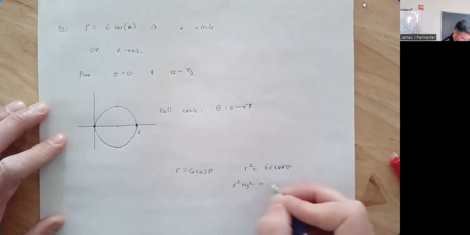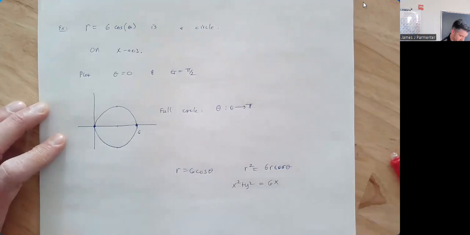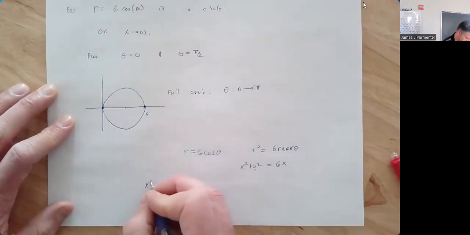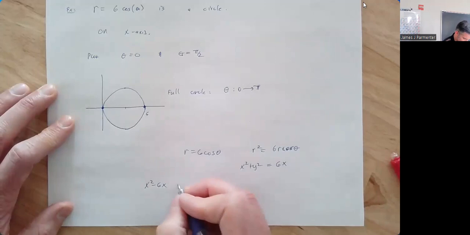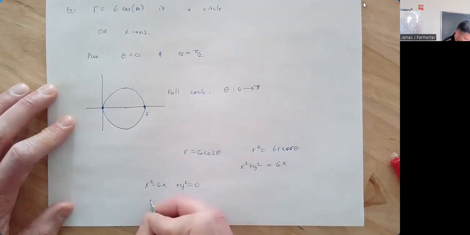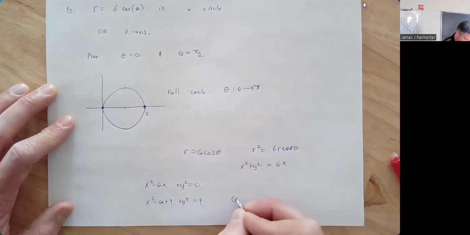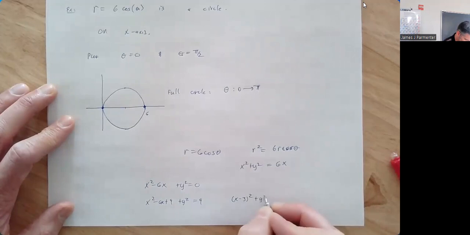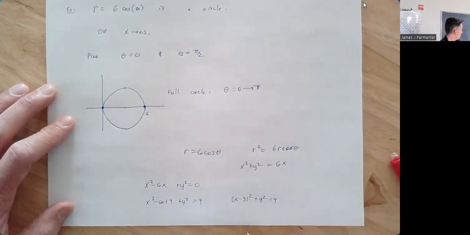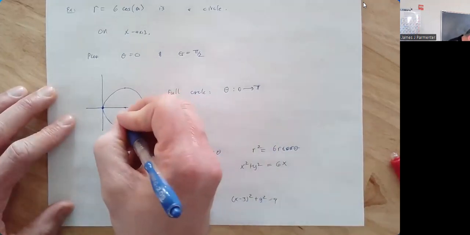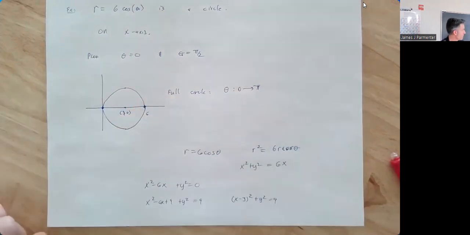R cosine theta is x, so 6x. And then if we bring the 6x over to the other side, you've got x squared minus 6x plus y squared equal to 0. Complete the square. So add 9. And then you've got x minus 3 squared plus y squared equal to 9, which is a circle centered at 3, 0, with a radius of 3.